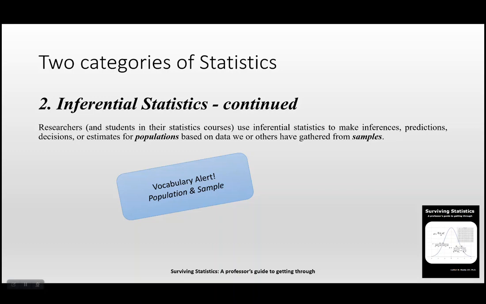So in other words, we're trying to predict who's going to vote for the governor. And we would say that he has a 97% chance of being reelected based on what the population is telling us.